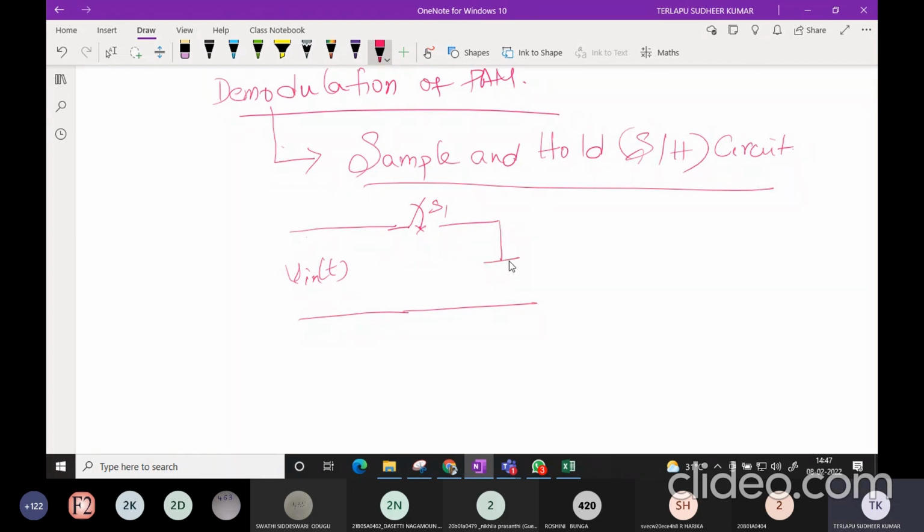Now I have a capacitor here, and I have another switch, S2. My output is V0 of t. That's all. This is a simple sample and hold circuit. We'll see one by one what S1 is, what S2 is, and what this capacitor actually does.